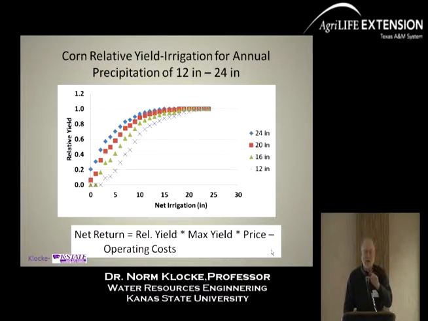Now that we've gone with our models and come up with the average situation of the same types of curves you just saw, over 30-year average conditions, we try to come up with these curves to predict the yield results on the amount of water we put on and over different amounts of precipitation. Each line represents a different amount of precipitation.